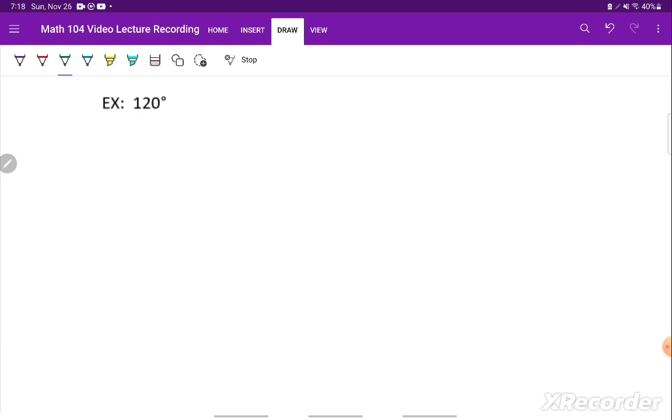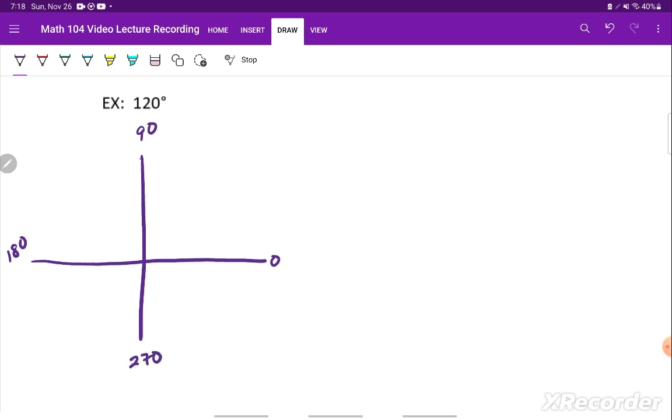Let's do one more. This time our angle is 120 degrees. 120 degrees is going to be past 90. I'll drop a perpendicular to the x-axis, creating a right triangle.